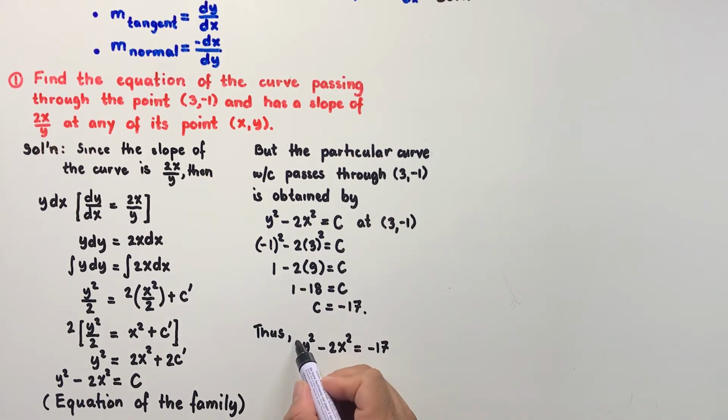If we multiply both sides of the equation by -1, the -2x squared becomes positive, so 2x squared minus y squared, because the y squared becomes negative now. And this is equal to positive 17.